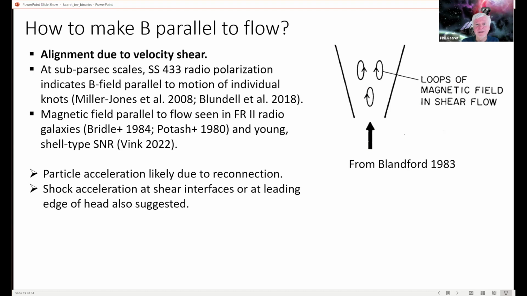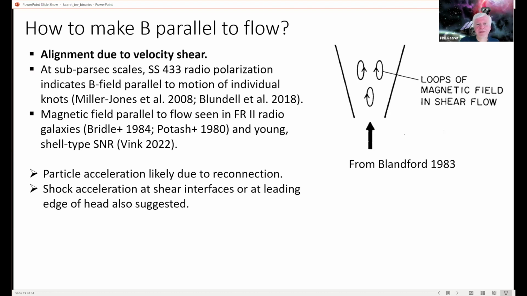It's on sub-parsec scales in the inner jet that you can actually measure the radio polarization. It also indicates a magnetic field parallel to the motion of the individual knots. And you see a similar thing in FR2 radio galaxies, where you can see knots quite far out from the supermassive black hole. That's probably really the analogous situation to SS433. And there in the radio, again, we see a magnetic field parallel to the flow.